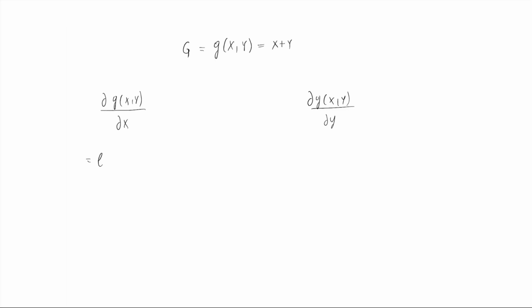And this is equal to the limit as h approaches 0 of what? In the first case, we have g of x plus h comma y minus g of x comma y. On the right side, we have g of x comma y plus h minus g of x comma y, and we divide both sides by h.